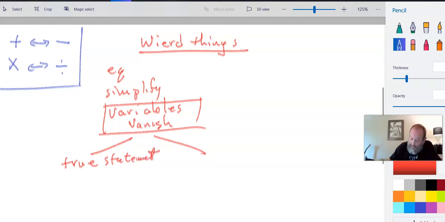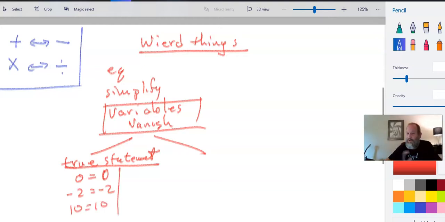If you have a true statement, you'll get things like 0 equals 0, negative 2 equals negative 2, 10 equals 10. You get stuff like this. There are no variables in it, but you have two things that are absolutely equal to each other. This means that it is definitely a true statement, because 0 does equal 0, and there's nothing you can do about it.